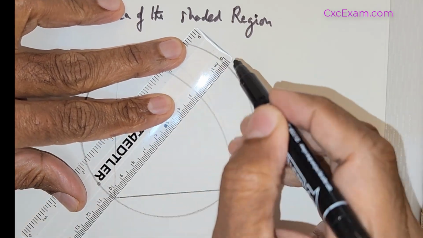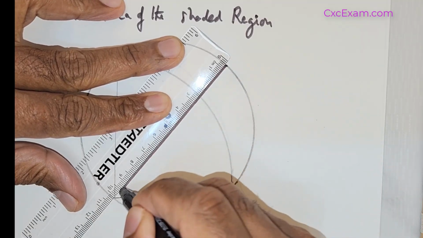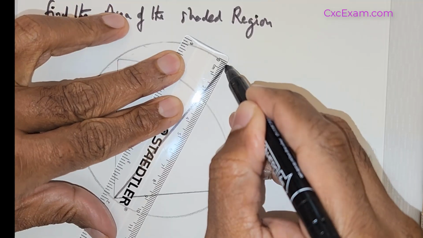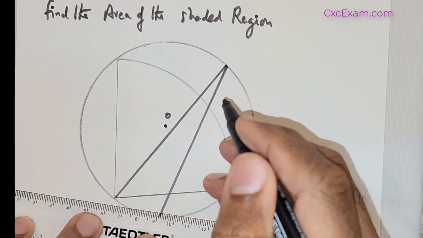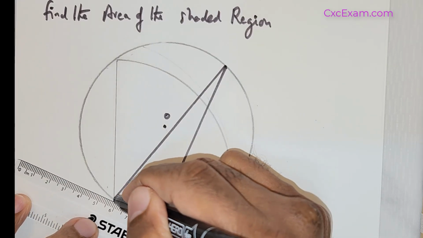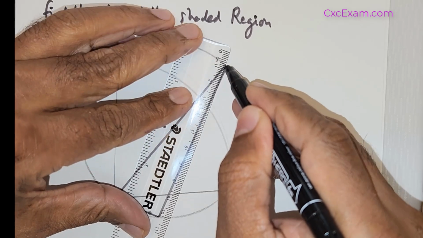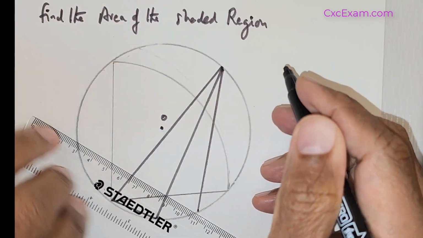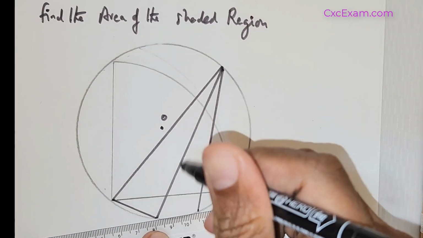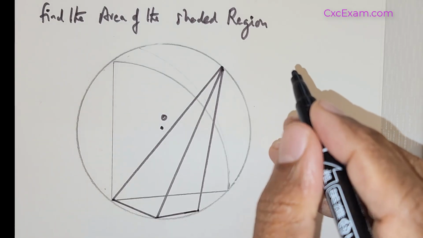Now we have a hit on the circumference, and this has been created by this chord, and we also have another hit. This is being created by another chord.